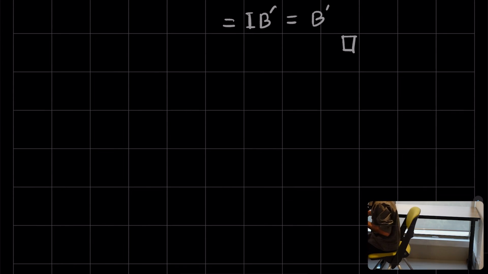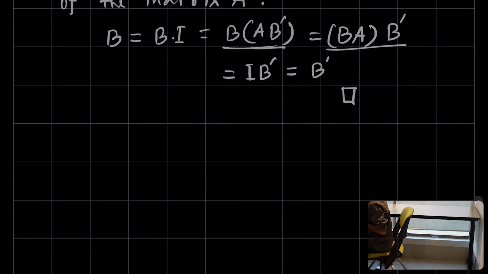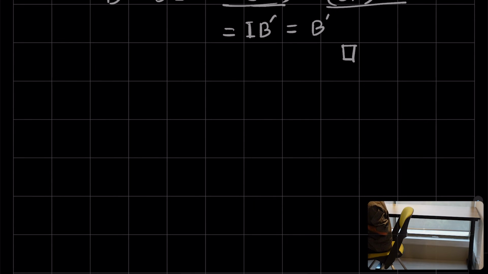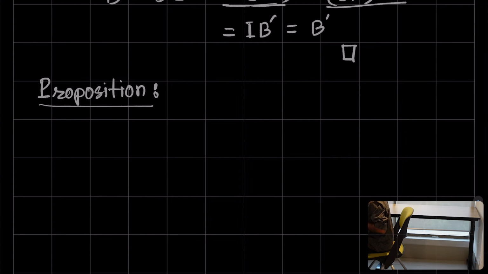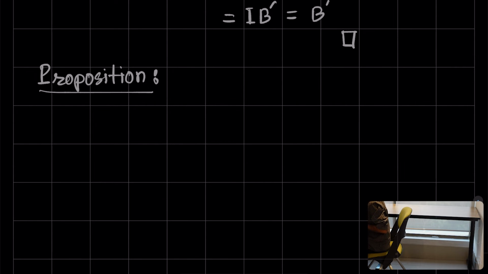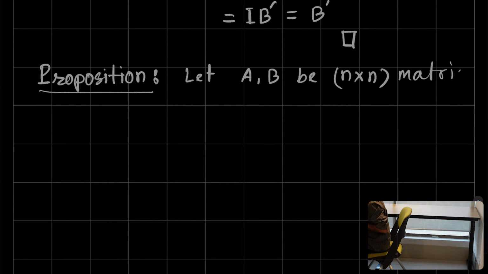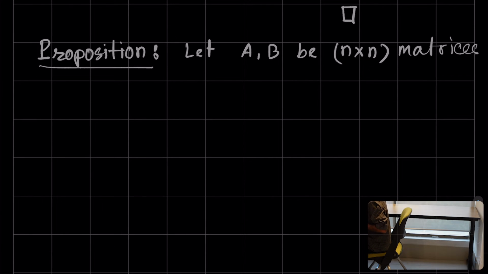So from this we can write, let us consider the proposition. And the proposition is, let A, B be n cross n matrices. So it is the first proposition in this course.